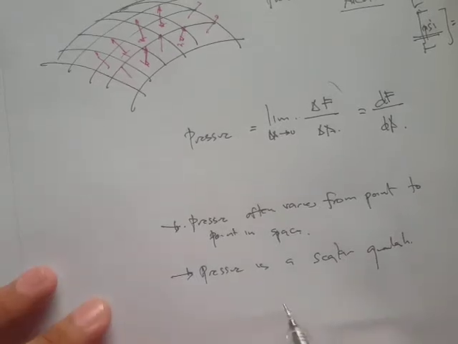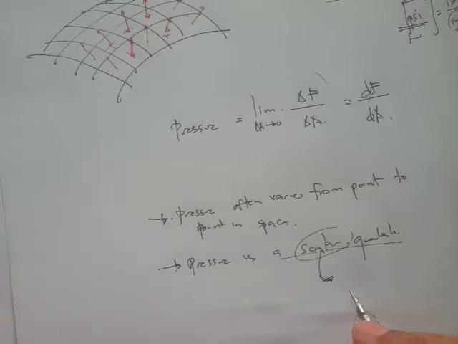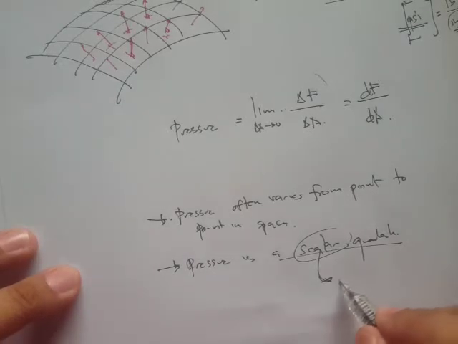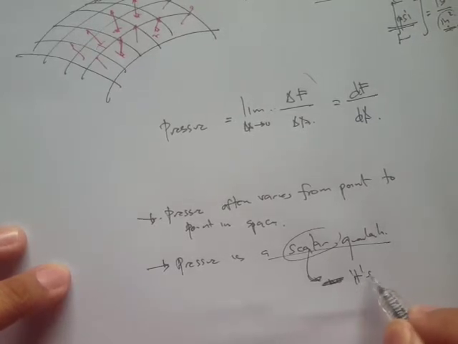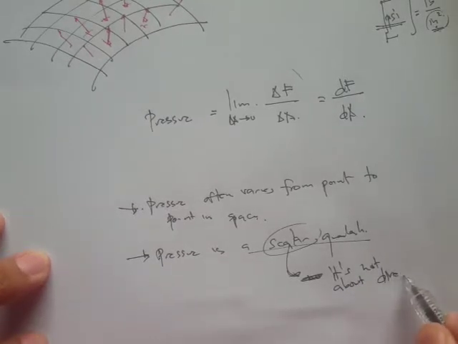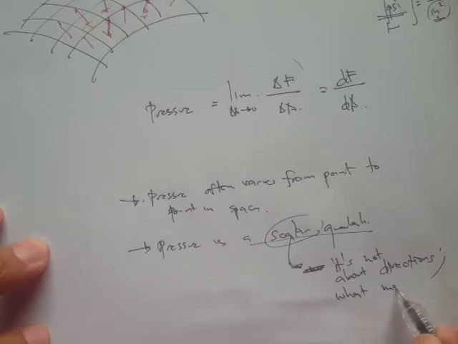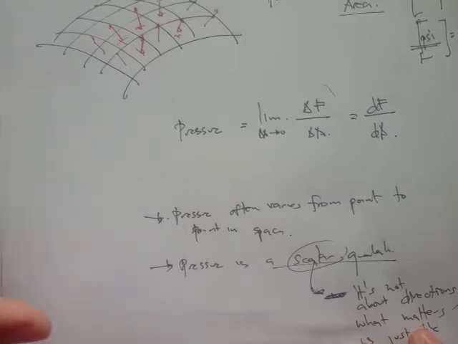When we say pressure is a scalar quantity, it means that it does not concern itself with direction, right? So we can just write it's not about directions, or you can say what matters is just the magnitude. Okay, so it's simply because it's always perpendicular to the area.